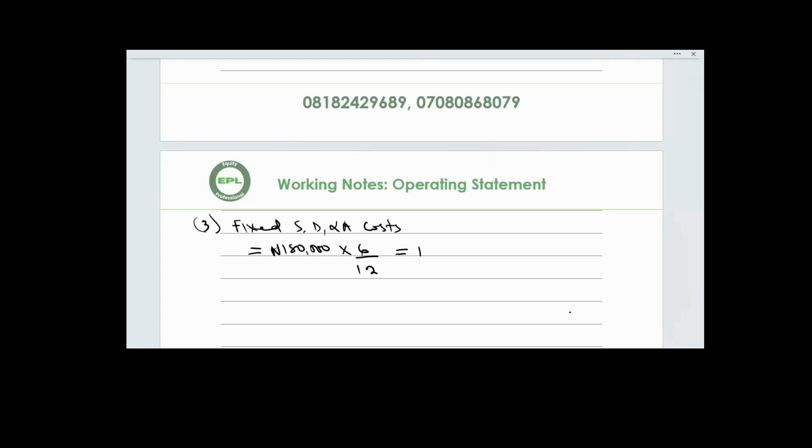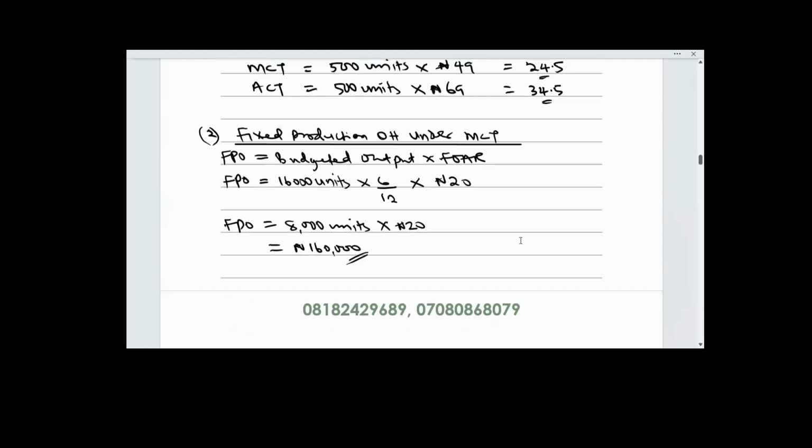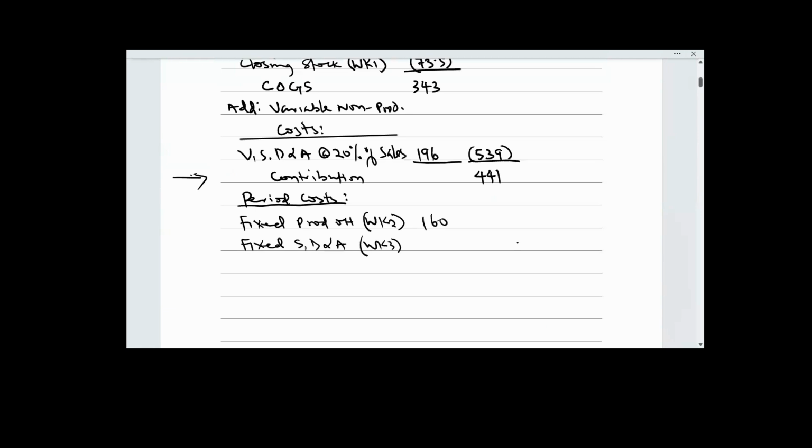So this one will give us 90,000 naira. That's it. 90,000 naira. Let's go and post it. So here is 90. Any other fixed cost in the question? None. So add it up. Here will be 250.